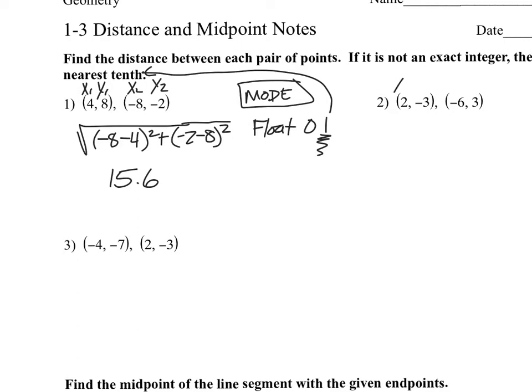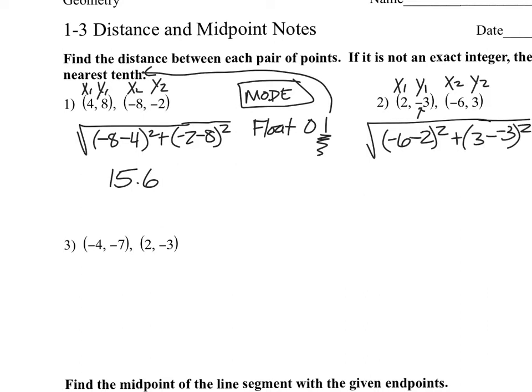So again, I'm going to label x1, y1, x2, y2. Just plug it straight in the formula. Negative 6 minus 2 squared plus 3 minus, okay, now this is a negative right here, so it's minus a negative 3. Okay, make sure you understand that.